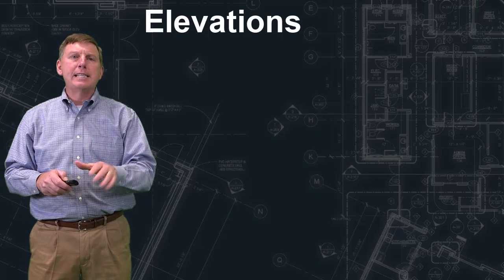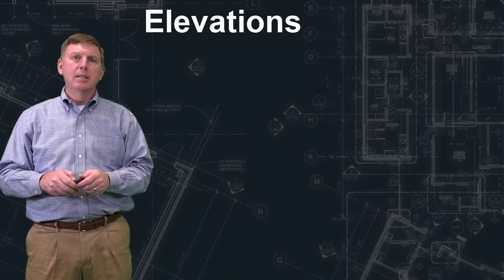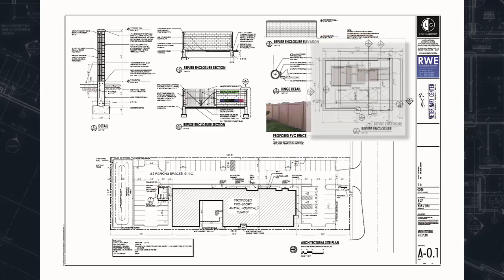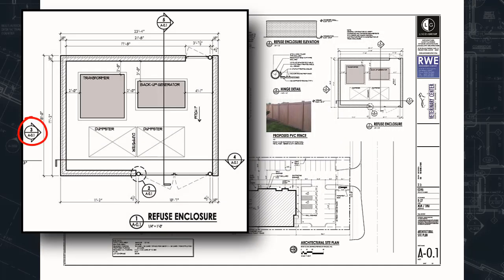All right, so let's see an example of this elevation. If we look on our drawing A0.1, there's a little plan off to the upper right-hand corner. And if we zoom in on that plan, we can see that there's an elevation symbol off to the left, and it points off to the right. It points at one of the walls. So I can expect to see an elevation of that wall.